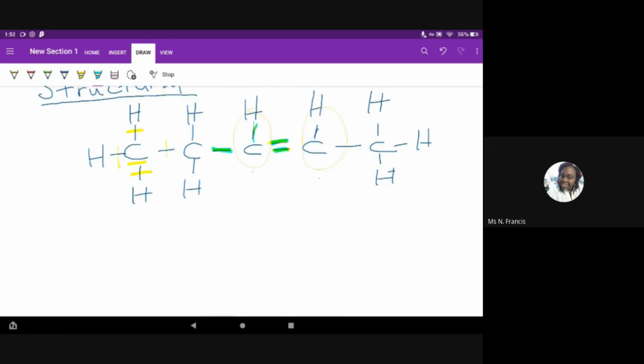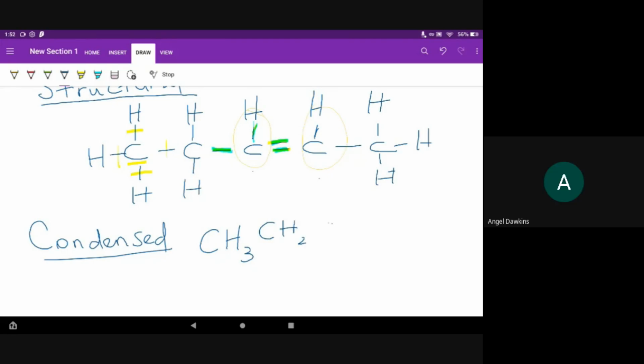Now we need to write our condensed version. With our condensed version, we take each carbon atom and write how many hydrogens are attached. Carbon number 1: 3. Carbon number 2: 2. Carbon number 3: 1.